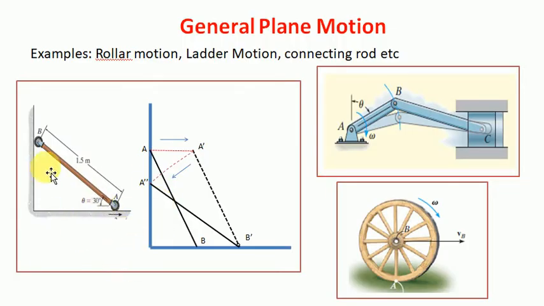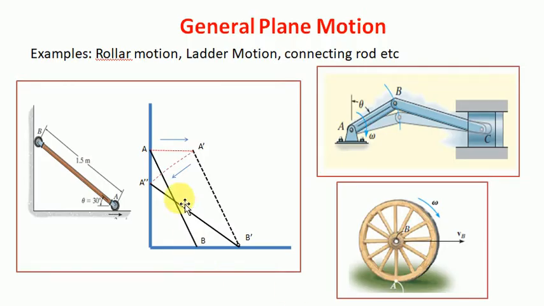So here we can see this is the initial position of the ladder, and let's say after some instant the ladder will take this position. So how can we say this is general plane motion? If we are able to prove this change in position by the combination of translation and rotation, we can say the ladder has undergone general plane motion.